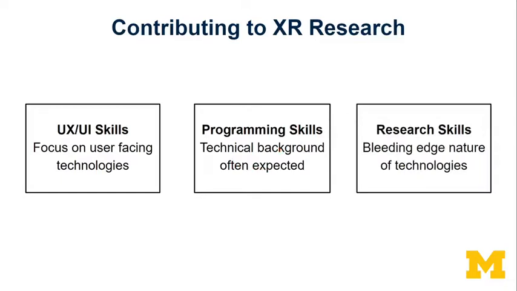And then research skills. There are a number of ways to think about research skills, but one that maybe makes it obvious to you now, since you've worked with these technologies, is that they are really bleeding edge, right? Somebody says this should work this way, and then you try it out, if there is documentation, and it doesn't work. So this research approach to working with these technologies is kind of like running a lab.